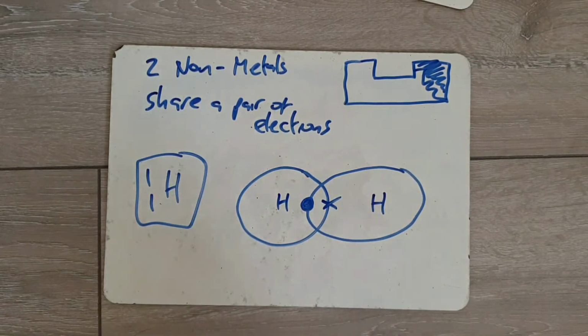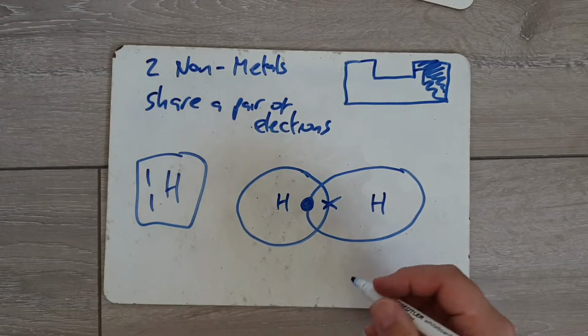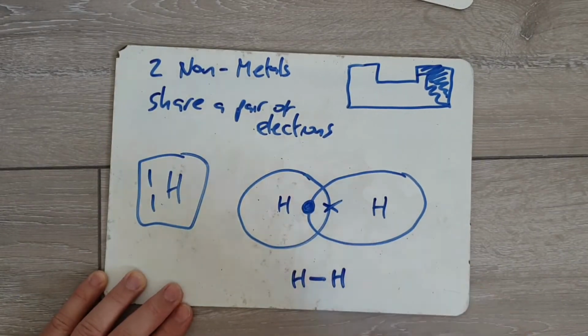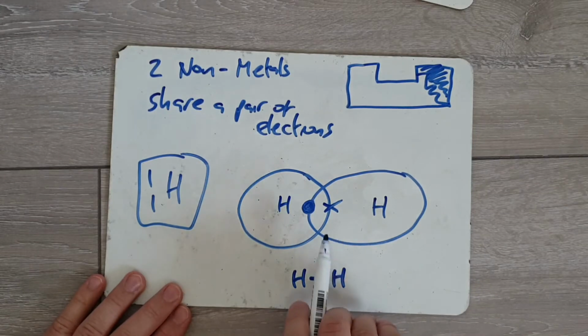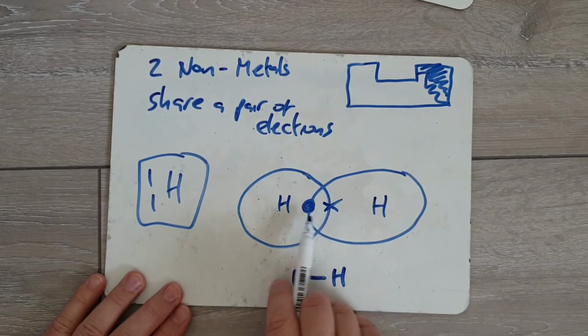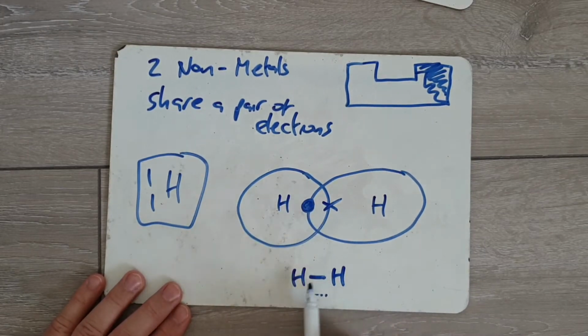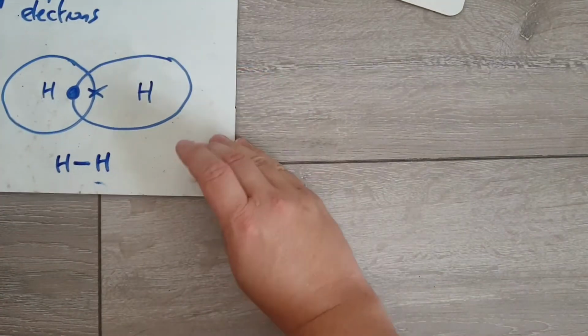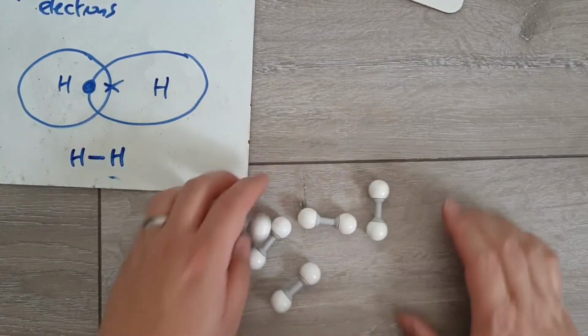A different way of representing that diagram is to have H with a line and then H, and that line represents that covalent bond, sharing that pair of electrons. So you can just draw it like that. And I've got some molymods here.